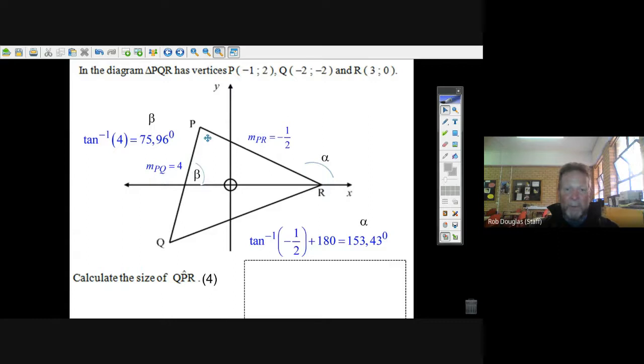Well, that means if we took this big angle and subtracted these, it would equal the angle QPR, this angle P over here. In fact, that's exactly what we do. We take the big angle and subtract the two angles, and we get the answer of 77,47 degrees. And I think it's always good to give a reason. So the reason this is working is the exterior angle of the triangle.